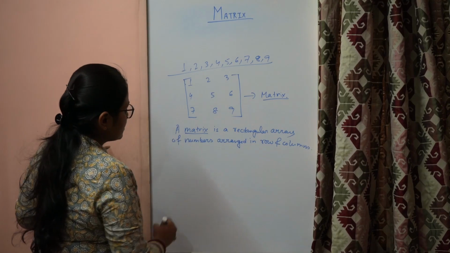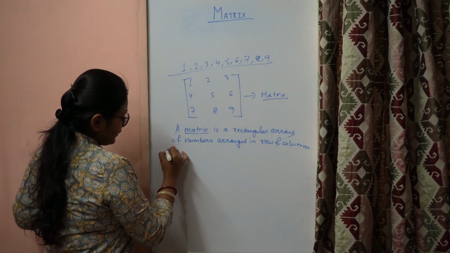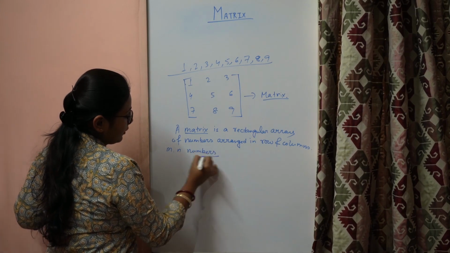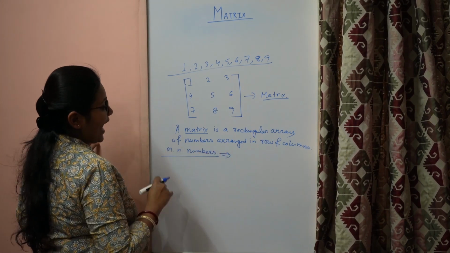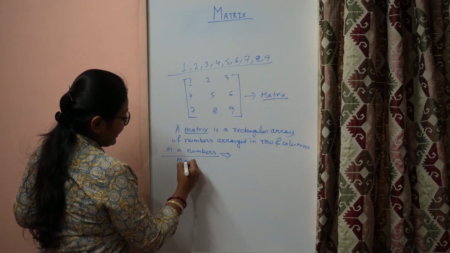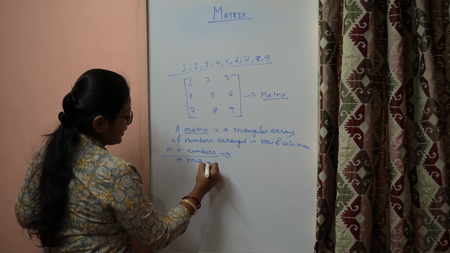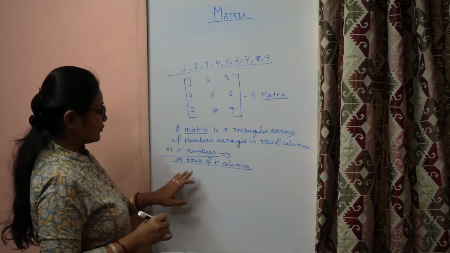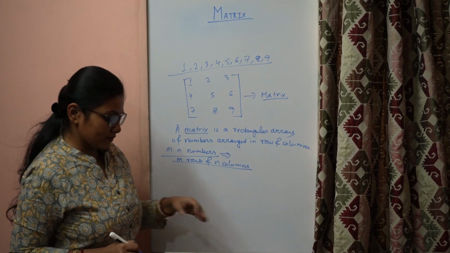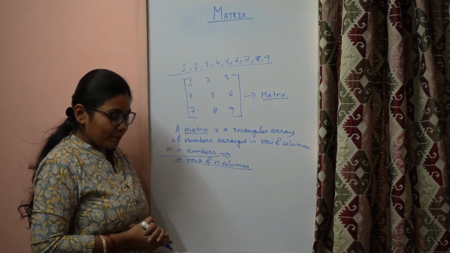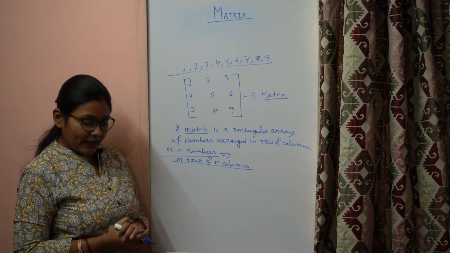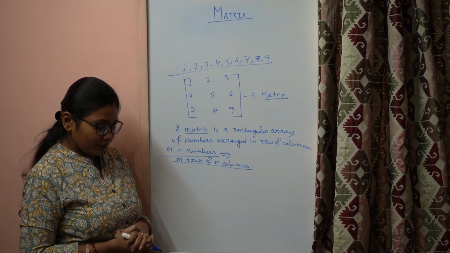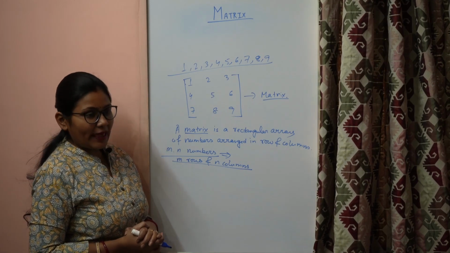Suppose m cross n numbers are there, arranged in m rows and n columns. That is called a matrix of order m by n, or a matrix of dimension m cross n, or a matrix of type m cross n.